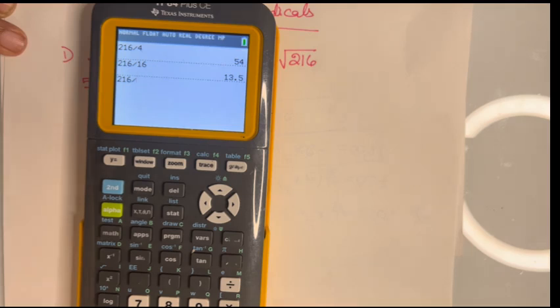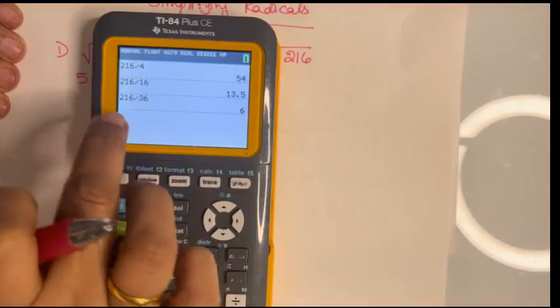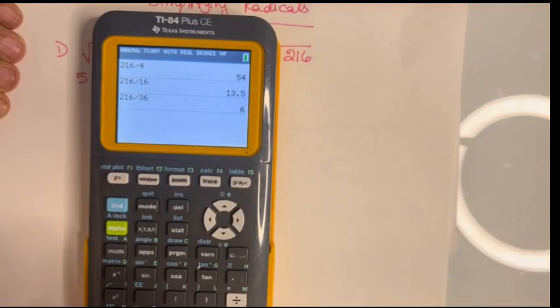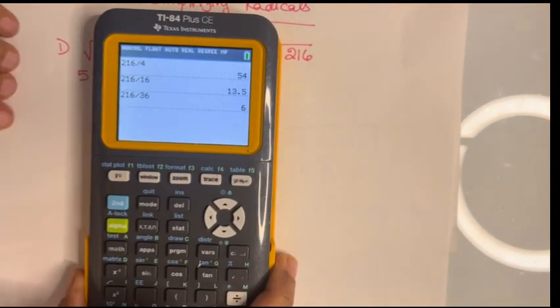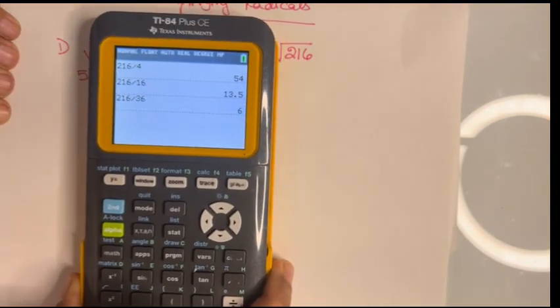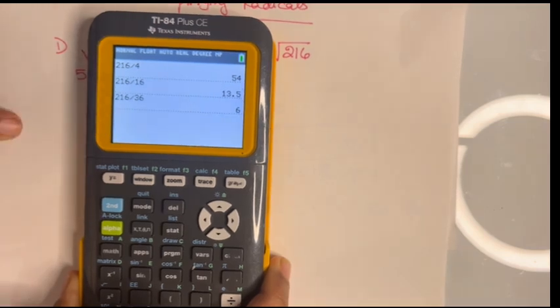And let me try 36. 6 squared is 36. 36 goes into 216 6 times. So 36 divides 216 evenly, so I'm going to take that. That is the highest perfect square.